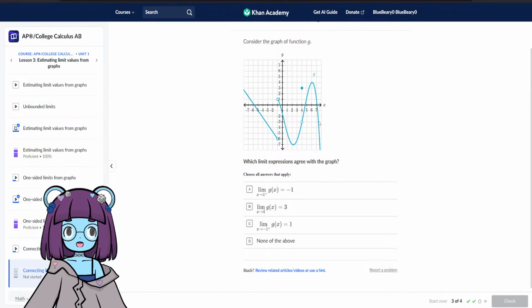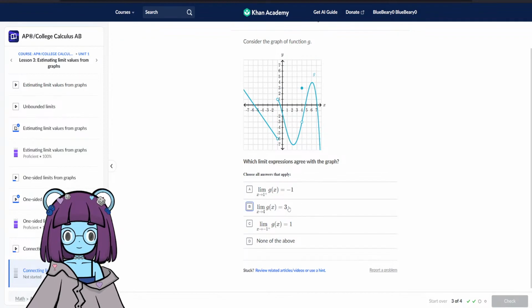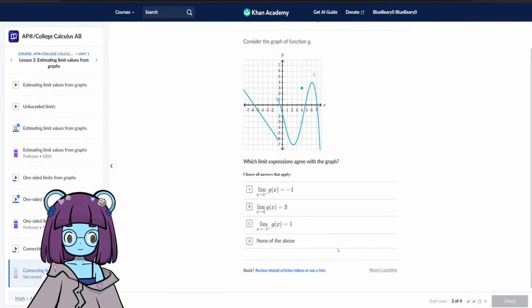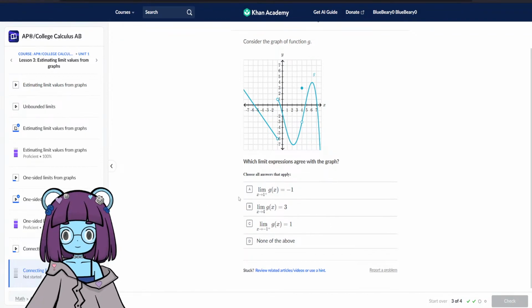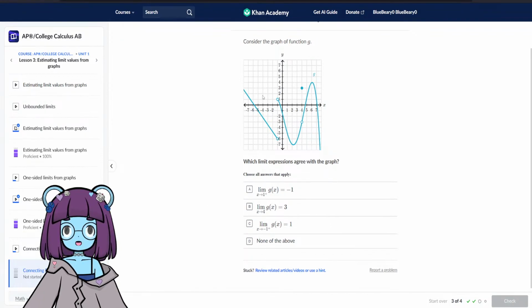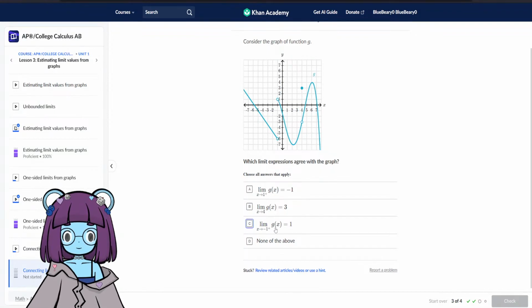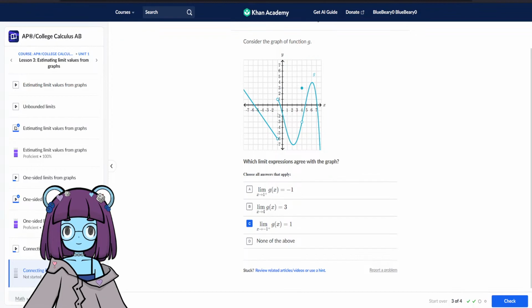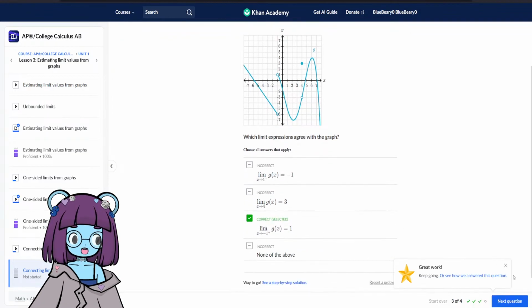So 4 from both sides is indeed, no, it's -3. That's 3. I almost got tricked. I need to be more careful. And then as it approaches -1 from the right side, it is equal to 1. So that one's correct. Yay!